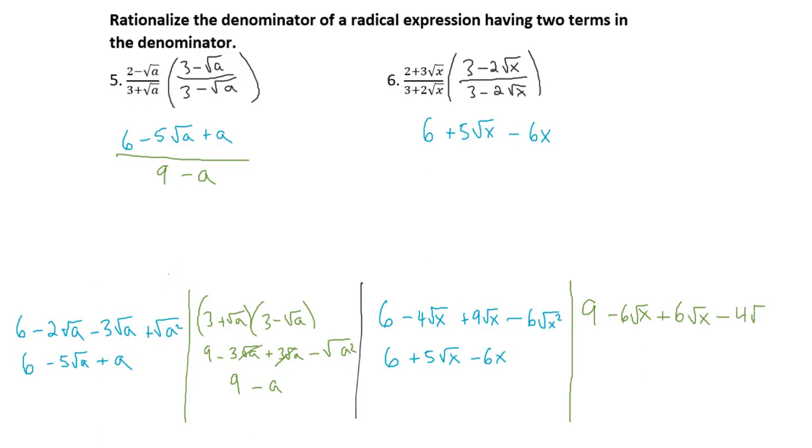Square root of x times square root of x is square root of x squared. And then the middle cancels out, and we get 9 minus 4x. So on bottom, I'm going to put that as 9 minus 4x. And as you see, there's no GCF, nothing's going to factor, so that is our simplified answer.